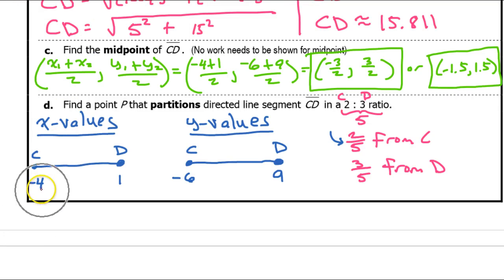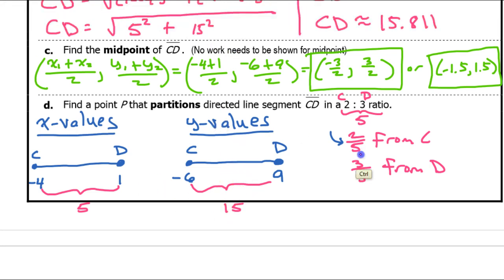How far is the whole way? From -4 to 1, those are 5 apart. What about from -6 to 9? From -6 to 9, those are 15 apart. That's the whole way.